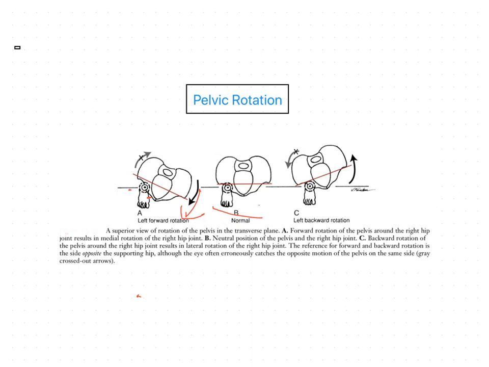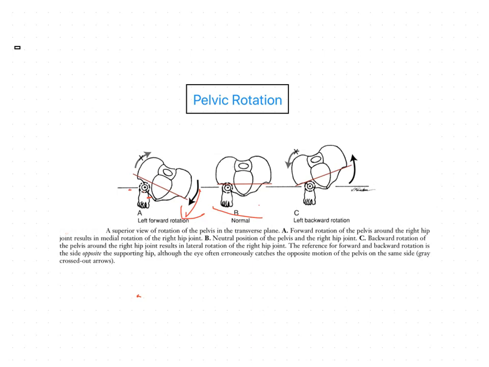The medial rotation of the hip joint that occurs during forward rotation of the pelvis can be best appreciated by doing the motion yourselves, standing on one leg and rotating the pelvis and trunk forward as much as you can. It will give you the feeling of the relative medial rotation of the supporting limb.